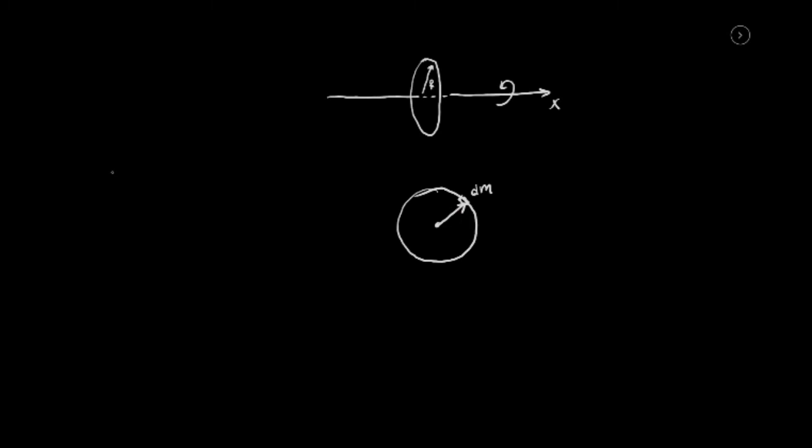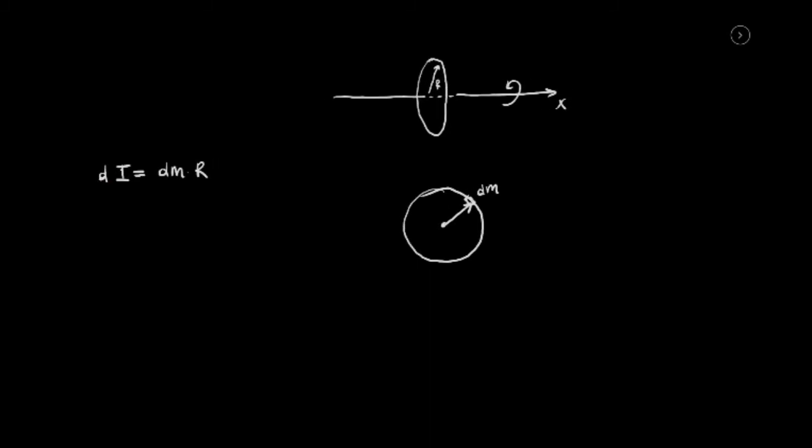So I can write dI as dm multiplied by r squared.